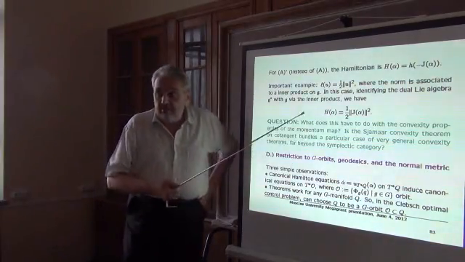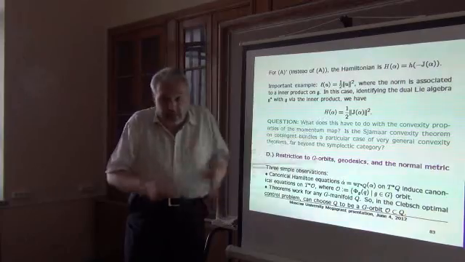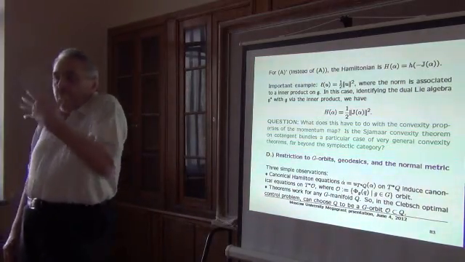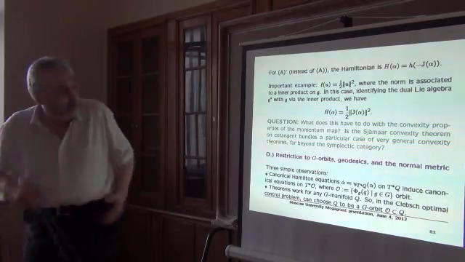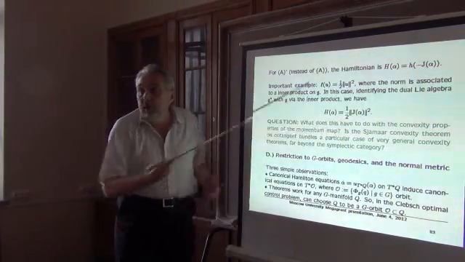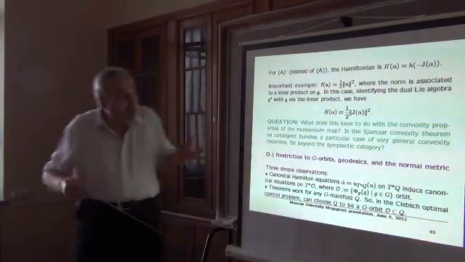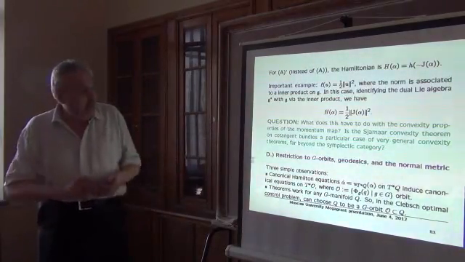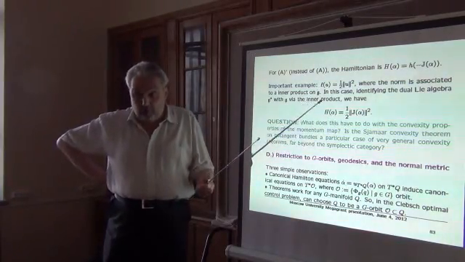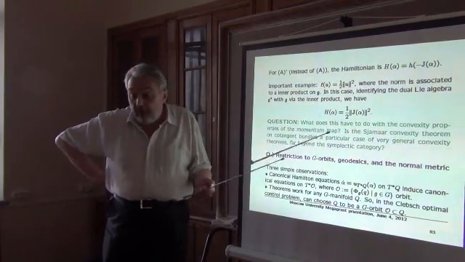What does this mean? I mean, I am doing a control problem. I'm an engineer. I am not a symplectic geometer now. And look. Why? I have no idea. Are the convexity theorems really control theory theorems? I have no idea.